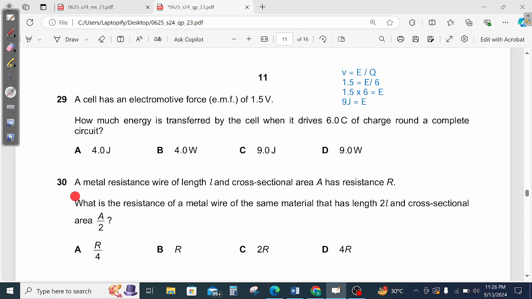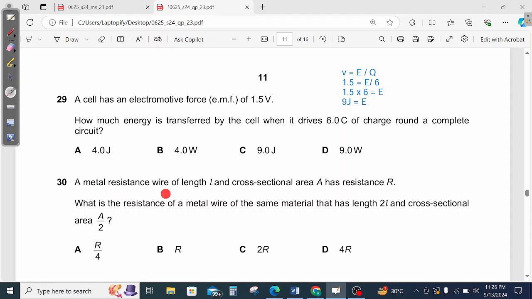Okay. Next is question number 30. A metal resistance wire of length L and cross-sectional area A has resistance R. What is the resistance of a metal wire of the same identical material that has length 2L and cross-sectional area half of the area? Remember, we have two wires that are made up of the same material.